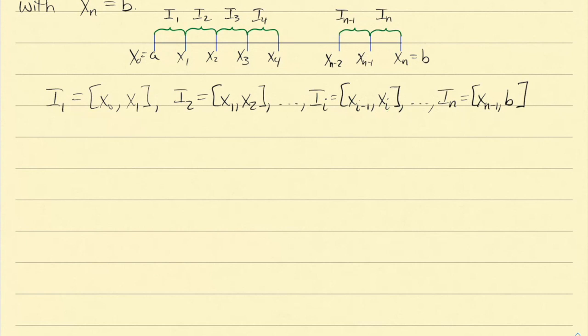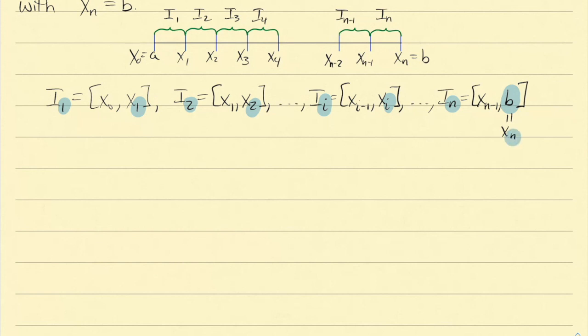So for each one of these, whatever your index is on your interval, the left endpoint is an x with its index 1 less than that of the interval, while the right endpoint maintains the same index as the interval. Same with 2. The second interval has left endpoint x1, right endpoint x2. So I'm going to highlight that just to really point this out. Now here, it's important to note that b is the same as xn.